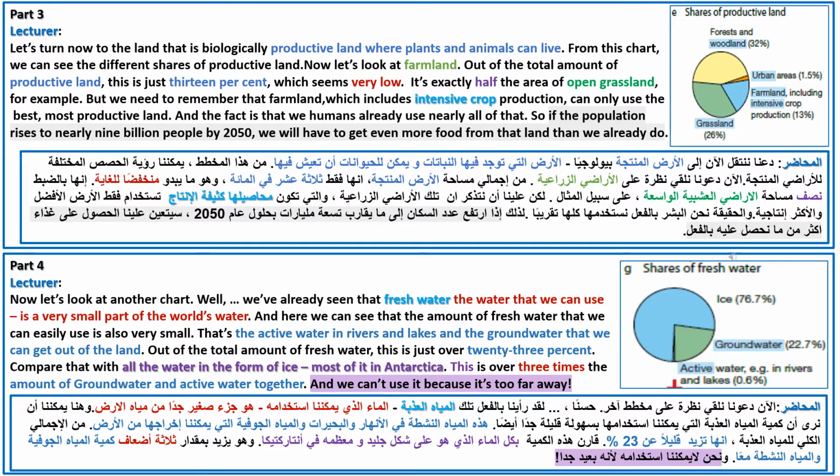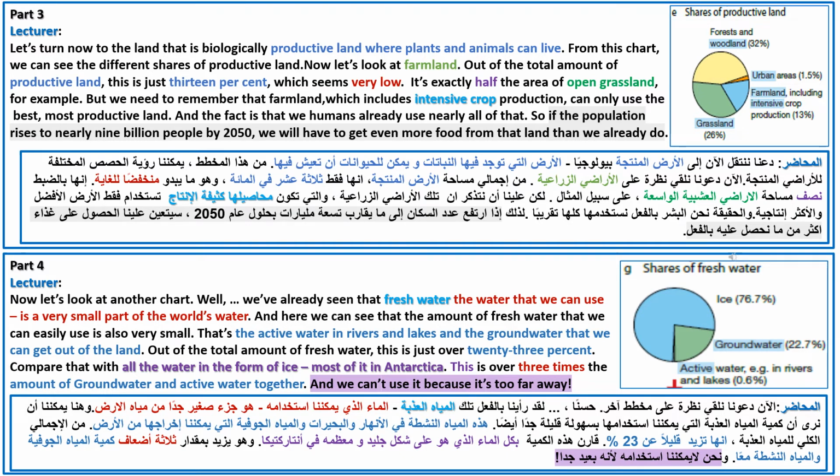Part 4. Now let's look at another chart. Well, we've already seen that fresh water, the water that we can use, is a very small part of the world's water. And here we can see that the amount of fresh water that we can easily use is also very small.